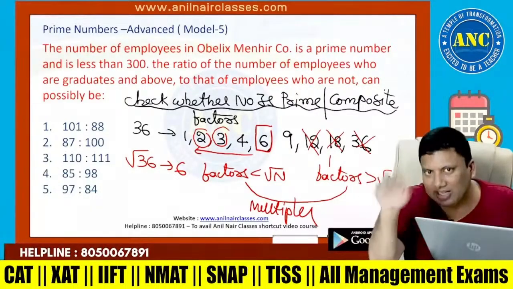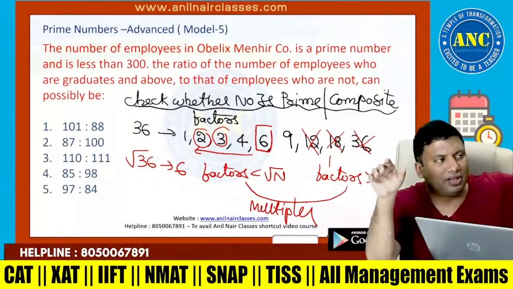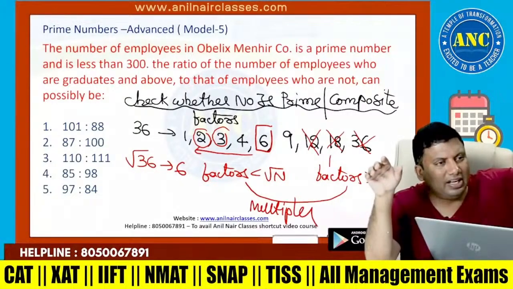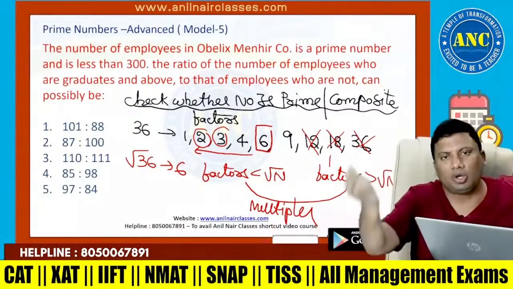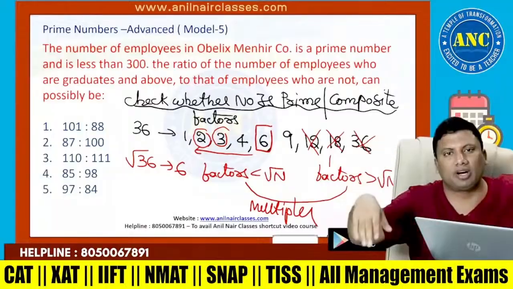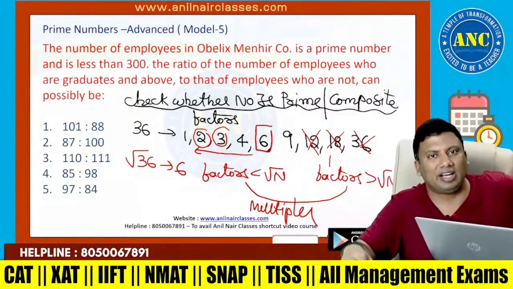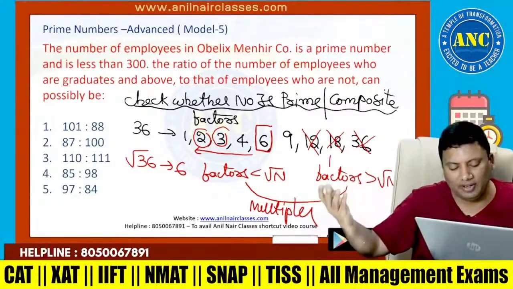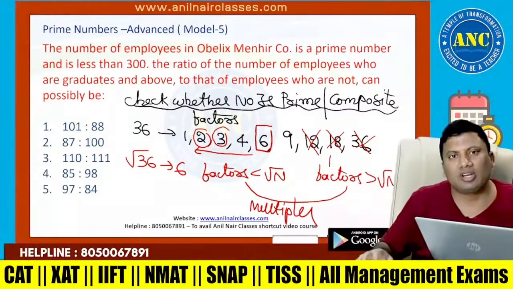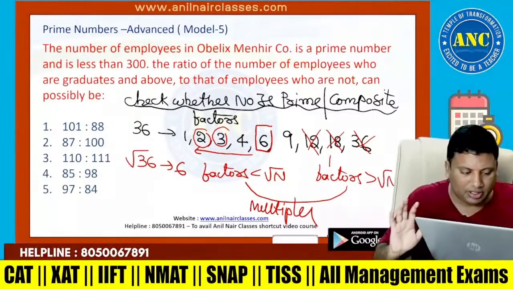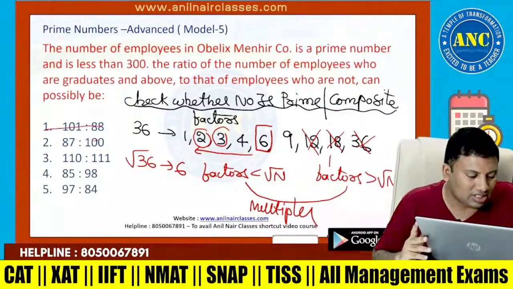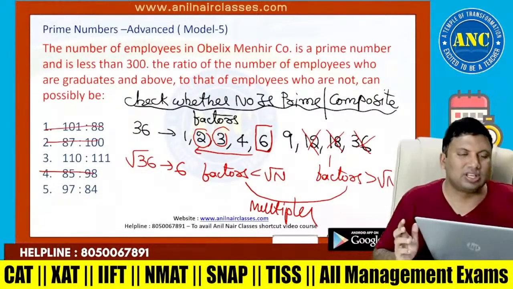If the given number is not divisible by any factor less than root n, automatically the factors greater than root n will be dropped. If it is not divisible by 3, 12 is out, 18 is out. I hope the idea is clear. So we just eliminated first, second and fourth.